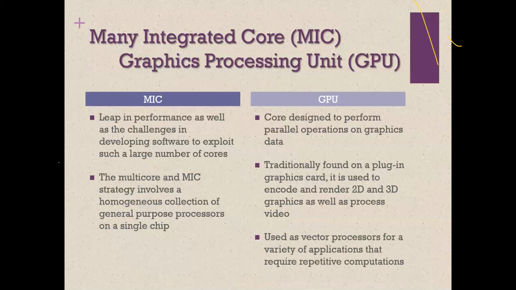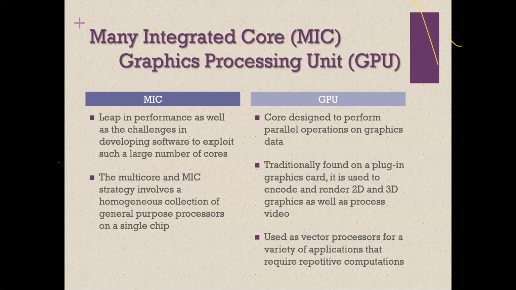Then we have many integrated core, MIC, incorporated with the graphics processing unit, GPU. Here the chip manufacturers are now looking into ways by which they could leapfrog the number of cores per chip, with more than 50 cores per chip being produced.